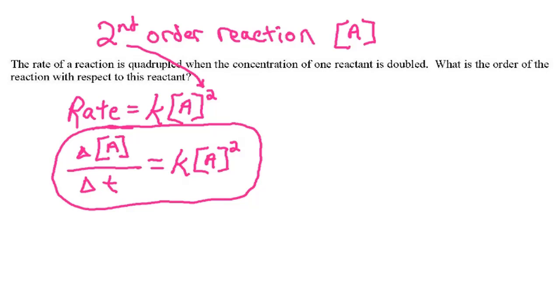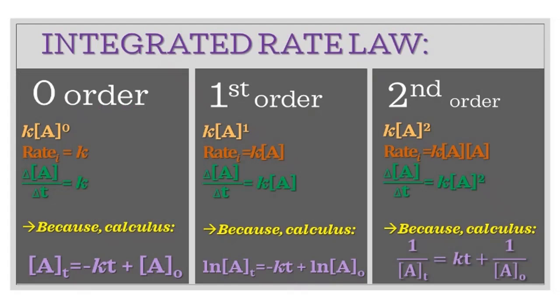Now also, since this is second order, we can rearrange this through calculus in order to get the graphing equation for it, the integrated rate law. And what did we do? This is second order, and here in purple down here is rearranged.